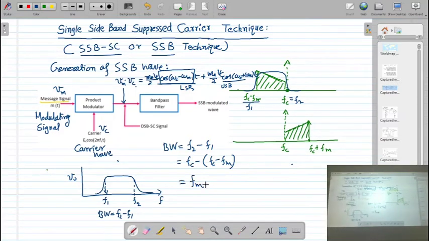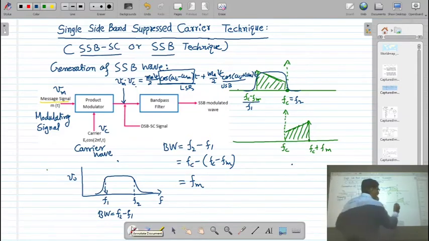So here now you can see the difference. In amplitude modulation, in the DSBSC technique, the bandwidth was 2Fm because two sidebands are transmitted. Here only a single sideband is transmitted, and therefore the bandwidth is reduced to Fm only. So this is the case where we are transmitting the lower sideband. Now suppose we transmit the upper sideband, then what should be F1 and F2?